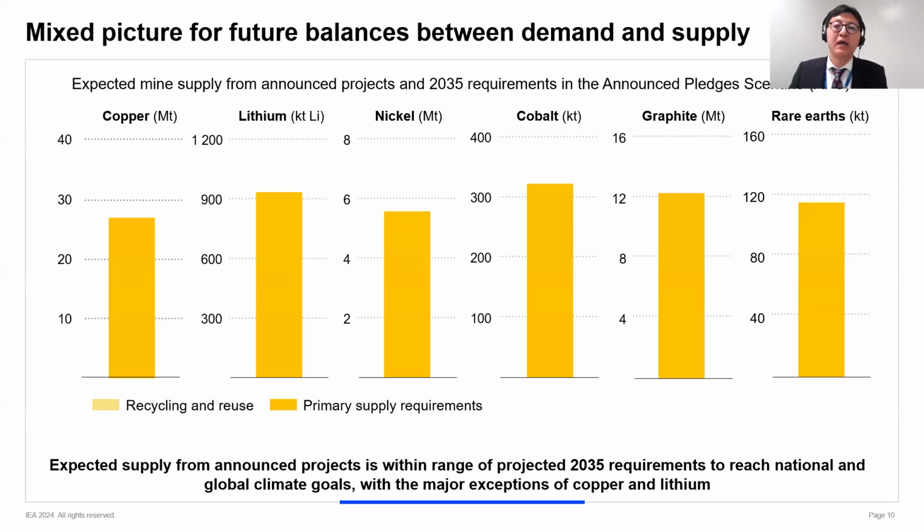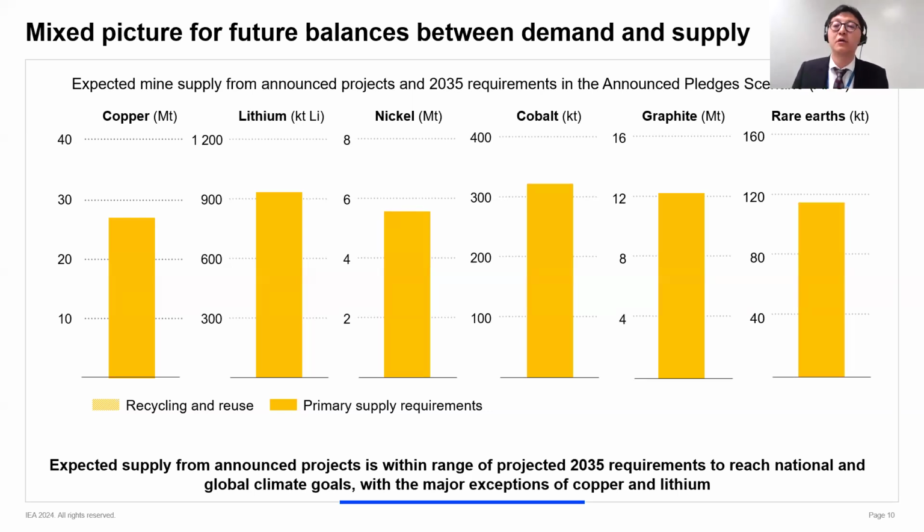In the latest report, we built two supply scenarios, a base case and a high production case, based on detailed assessment of individual announced projects for mining and refining. By comparing the supply scenarios with this primary supply requirement, one can understand how the future supply-demand balance may look and how the level of production concentration might evolve.